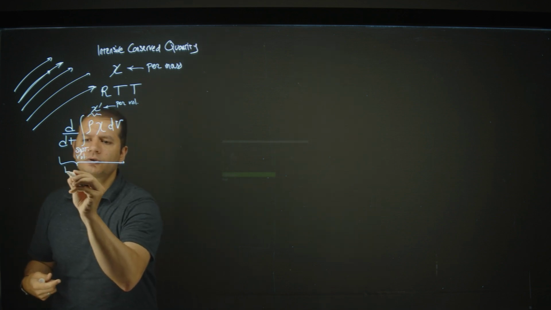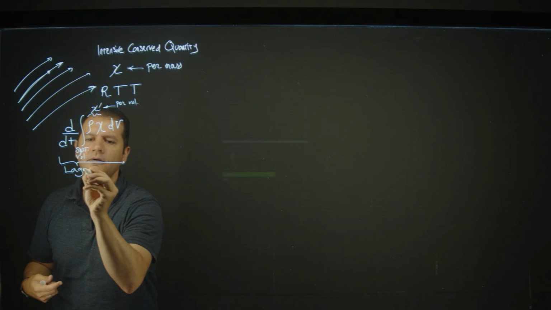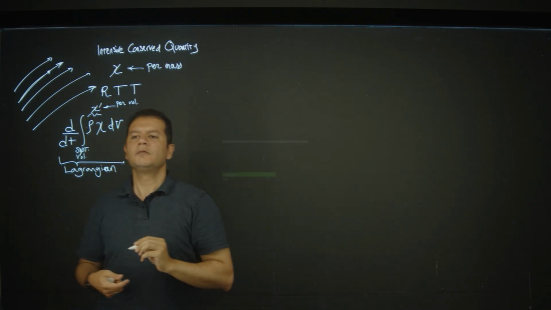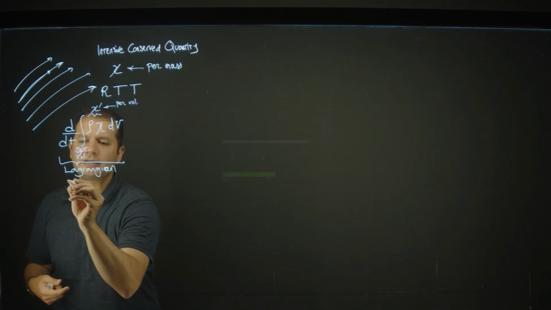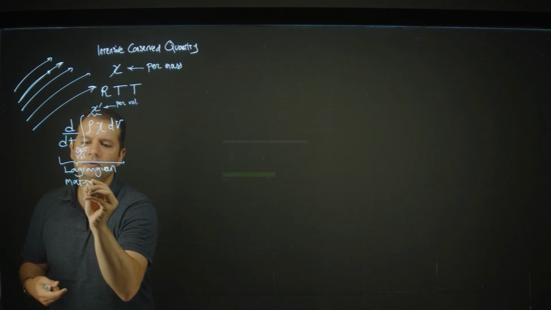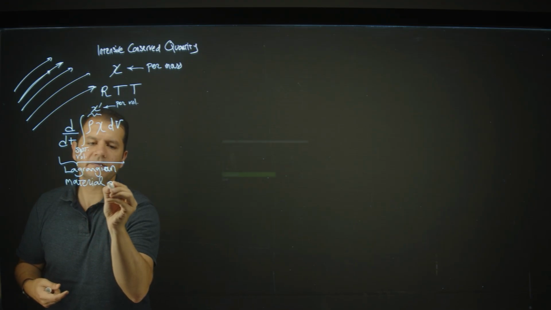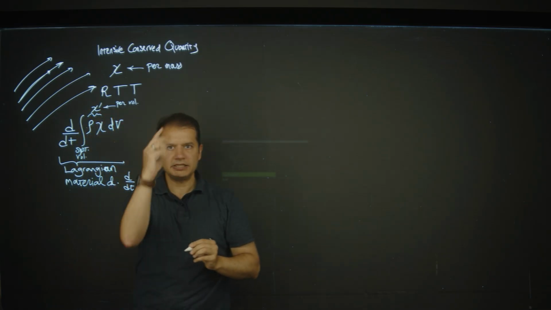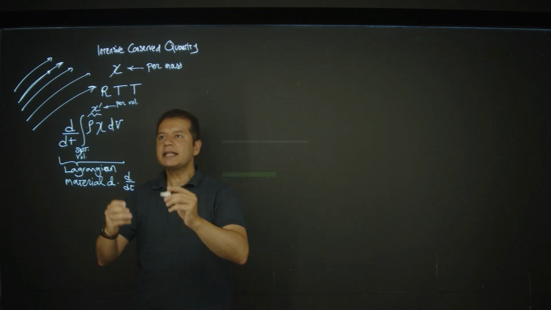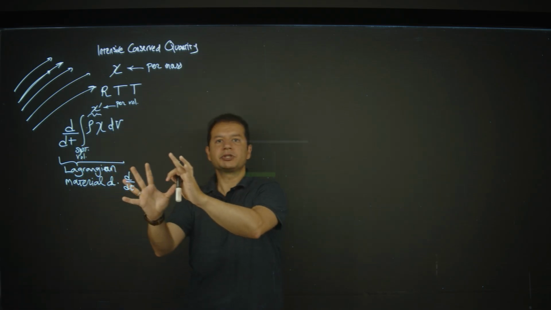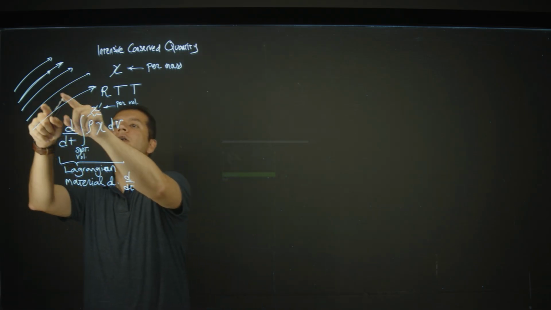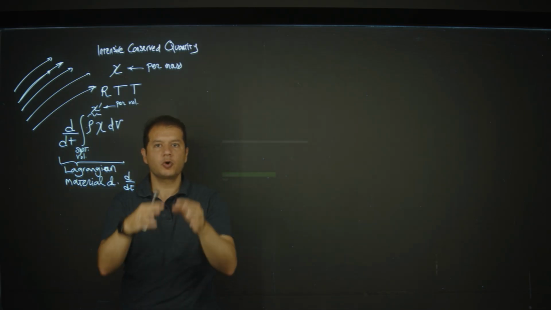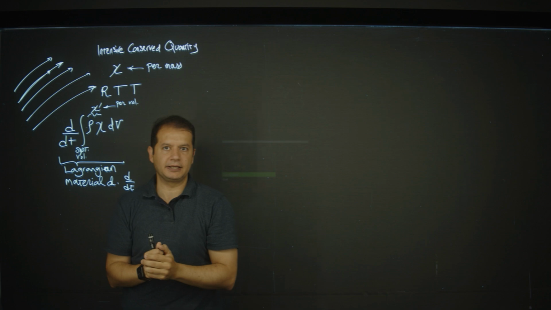So that's the Lagrangian perspective, which is the total material derivative, d/dt with a straight d. That is a Lagrangian perspective, where you are on the stream of flow, traveling with the flow, like on a boat.